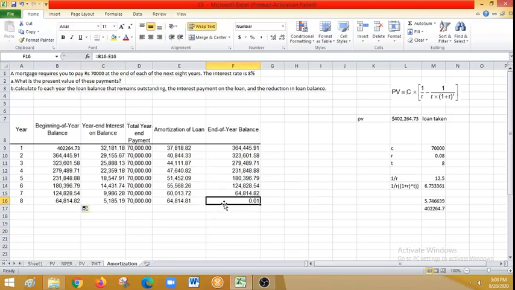You can say that it is only 0.01 because of the calculation of some decimals. Since we are using only 2 decimals, you can see here 0.01 is going to be the year end balance, which means we have paid the complete loan. So this is the amortization table.